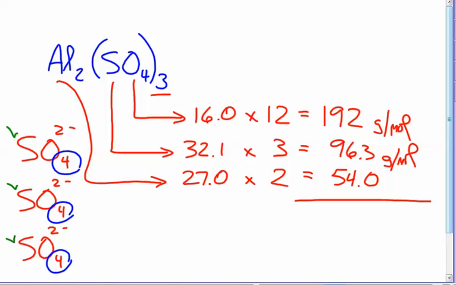The mass of the whole thing is going to be equal to the sum of the different parts that go into it, and what we have is 342.3 grams per mole, if my math in my head was correct there, and I certainly hope that it was.